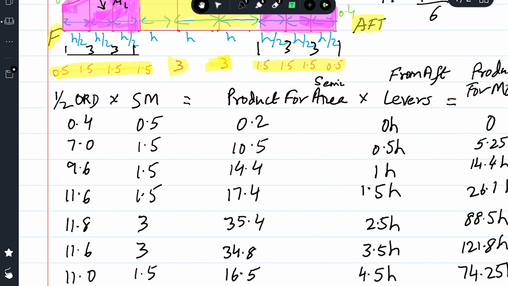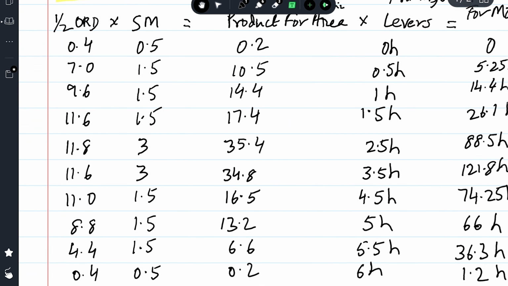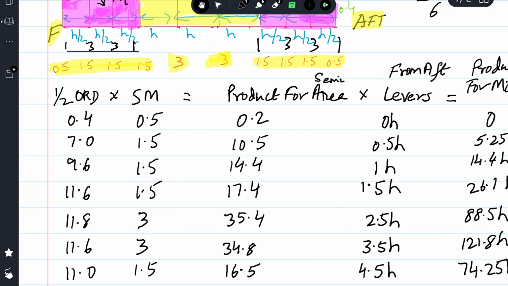So for 11.0, the multiplier for the common dividing ordinate will always be 1.5. Now I have entered the half station in the forward part, so multipliers are again half. 3 will become 1.5. Again 3, 1.5. Last one is 1, 1 will be 0.5.